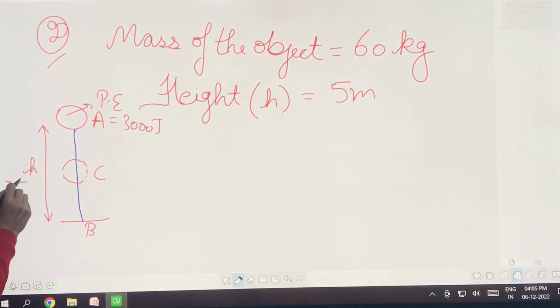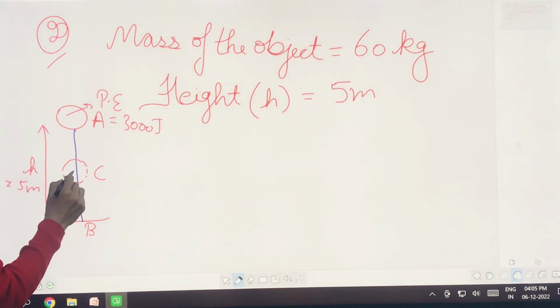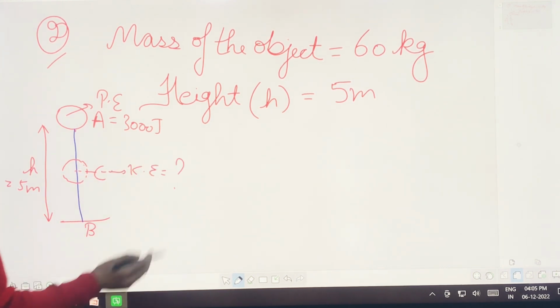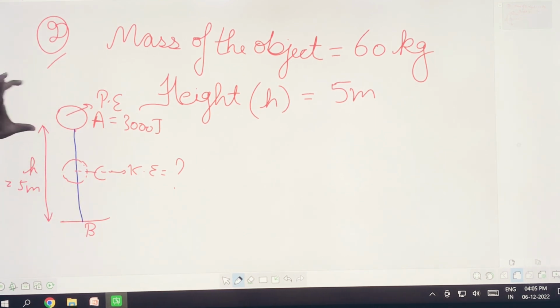Now you can see that the total energy is conserved in all the cases. Here there is no kinetic energy, and here there is no potential energy, and at the center there will be partial kinetic energy and partial potential energy.